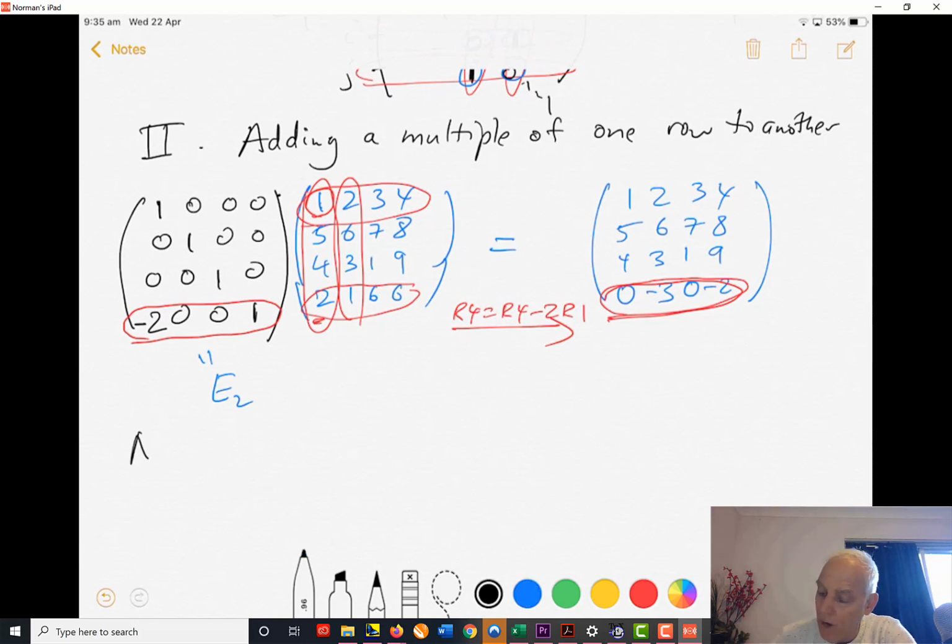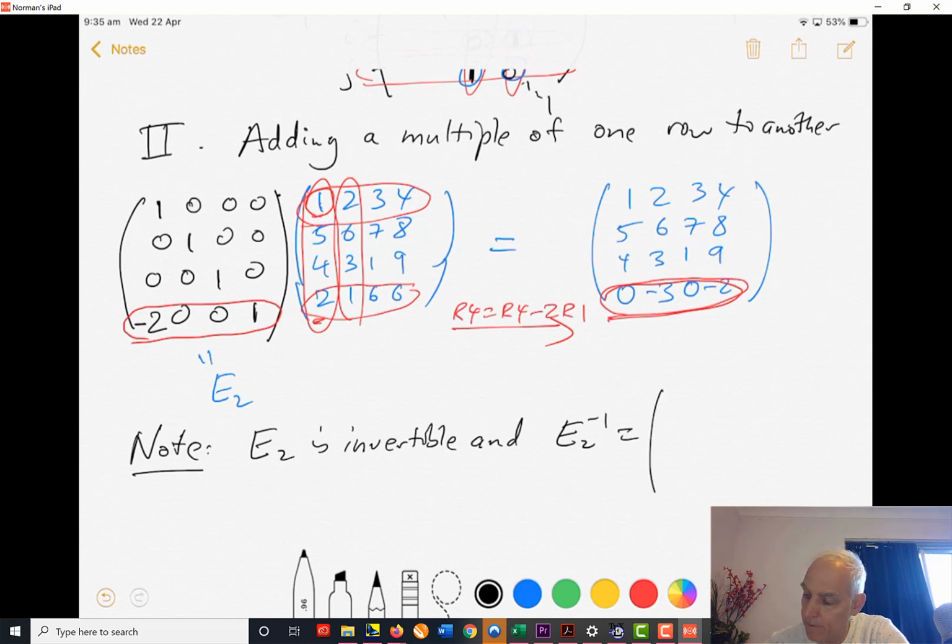And as before, we're going to note that this thing has an inverse. E2 is invertible, and its inverse is, well, I'm going to leave you to check this. If you want to undo adding minus 2 of row 1 to row 4, the way you undo that is by adding plus 2 times row 1 to row 4.